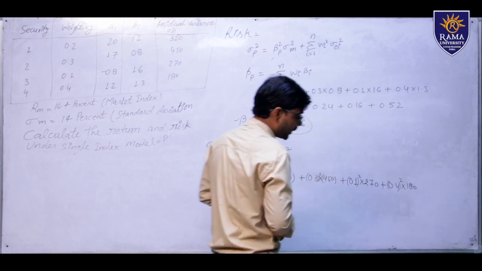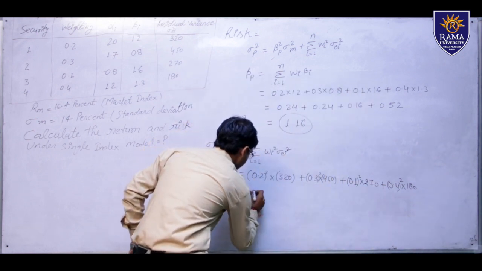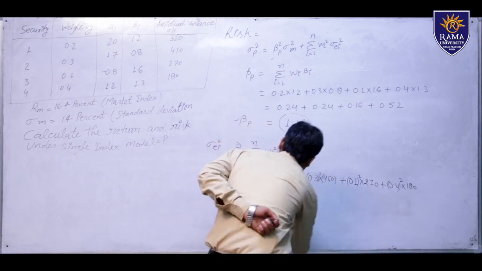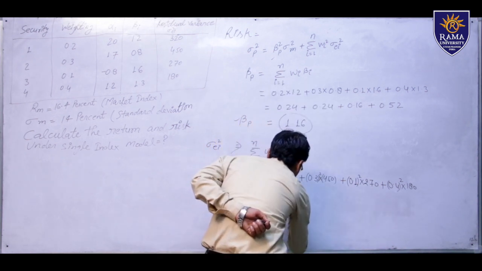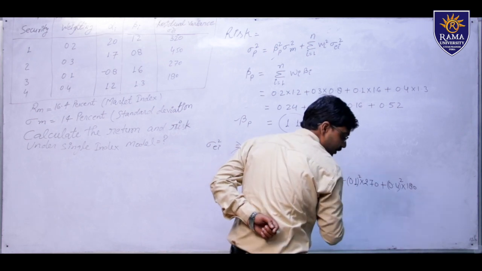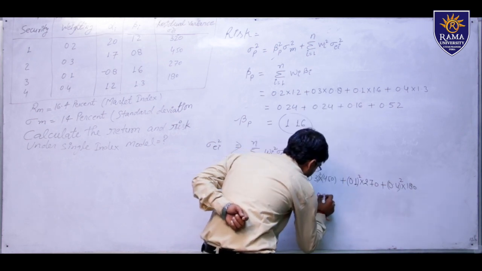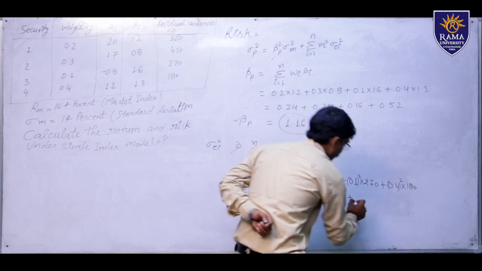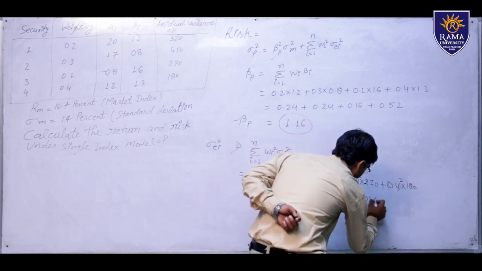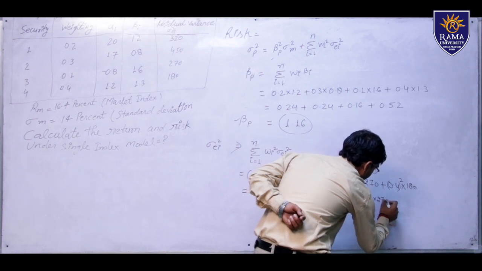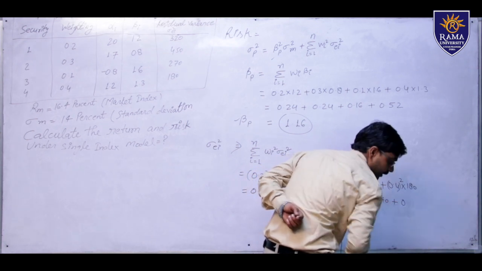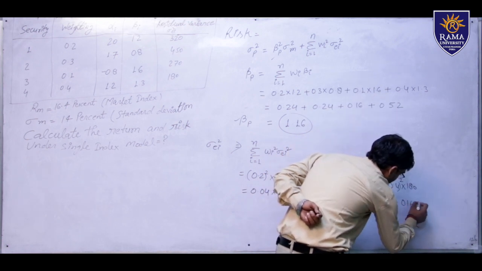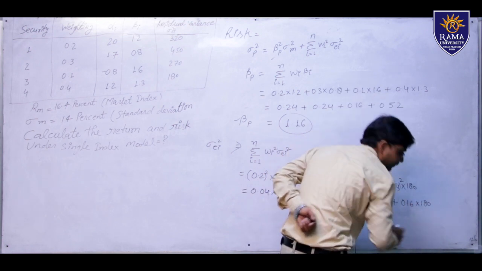When we multiply this we will get 0.04 into 320 plus 0.09 into 450 plus 0.01 into 270 plus 0.16 into 180.